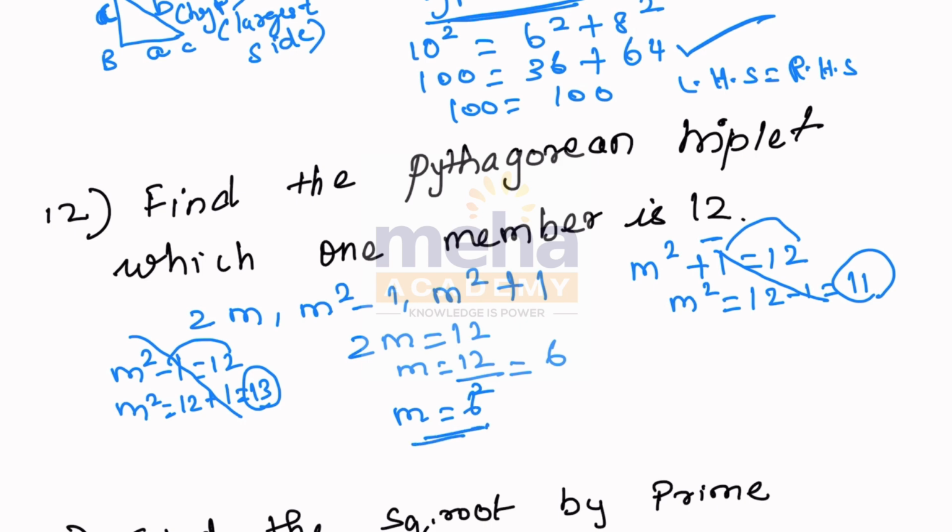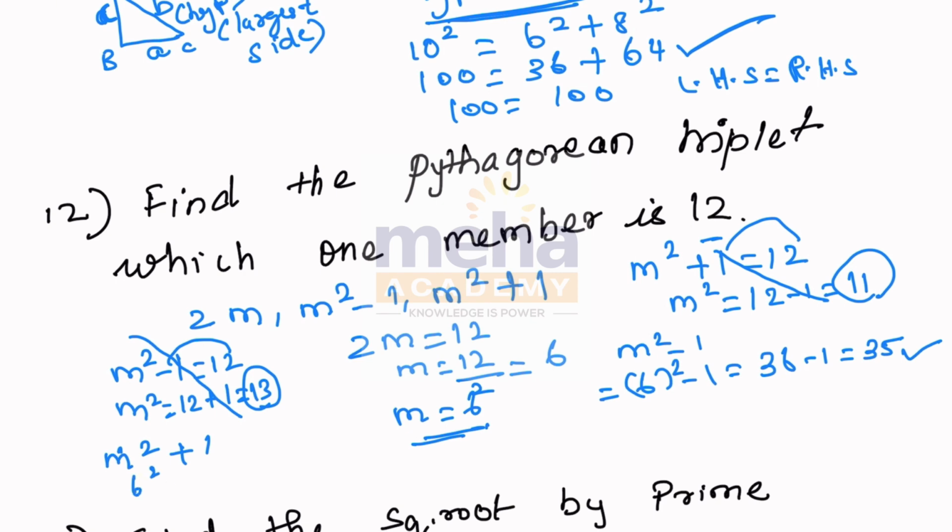If m is equal to 6, m square minus 1 is equal to 6 square minus 1, 36 minus 1, that is 35. Then m square plus 1 is 6 square plus 1, that would be equal to 36 plus 1, that would be 37.